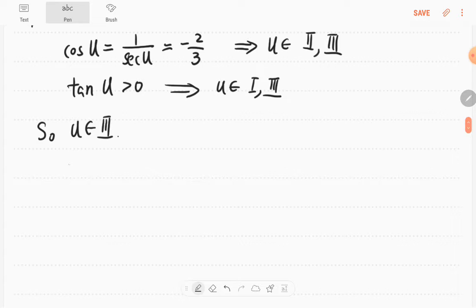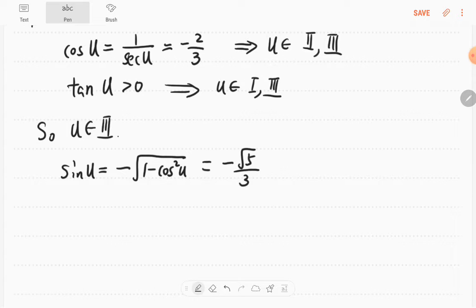So sine u is equal to negative square root of 1 minus cosine square. Here we use the Pythagorean theorem, but we take the negative square root because u is in the third quadrant. If you plug in everything, it equals negative square root 5 over 3.